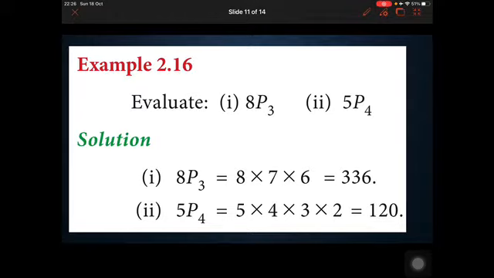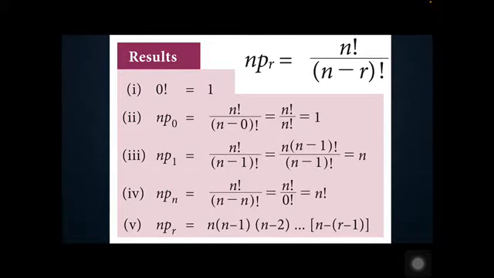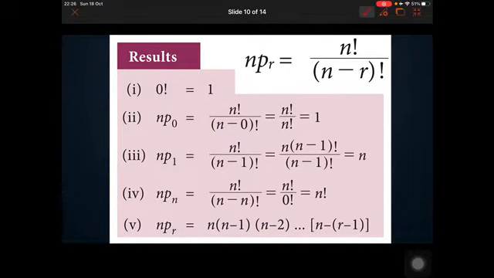Now look at this. You can use two formulas to calculate nPr. This formula we also use, and similarly, the fifth result we will also use in many cases. So n factorial divided by n minus r factorial, as well as n into n minus 1 into n minus 2 and so on, up to n minus r plus 1.